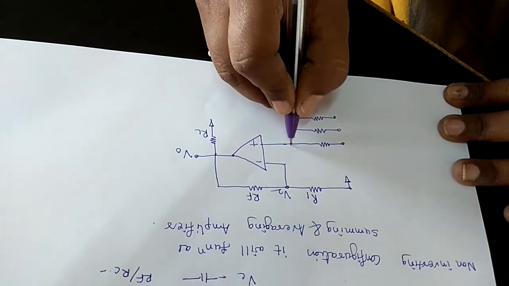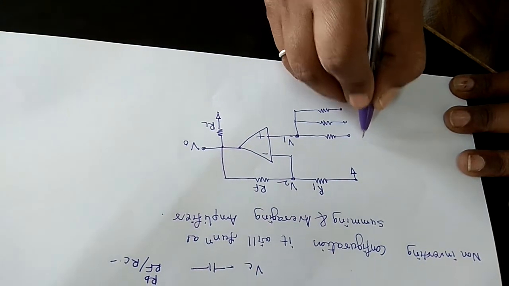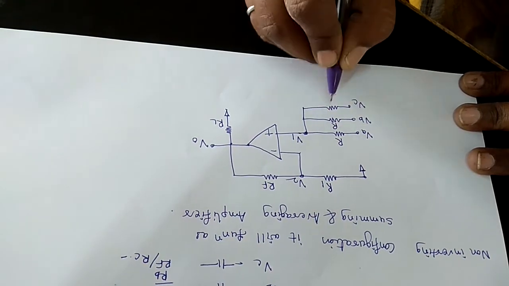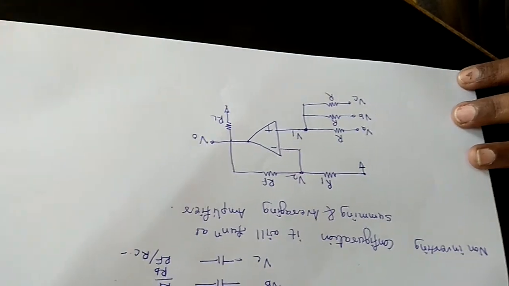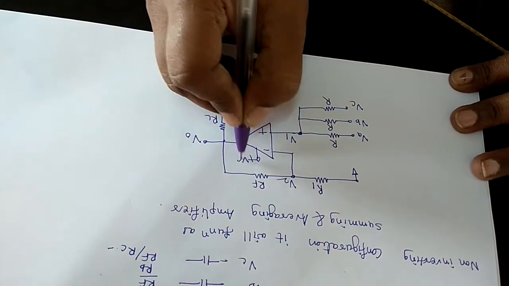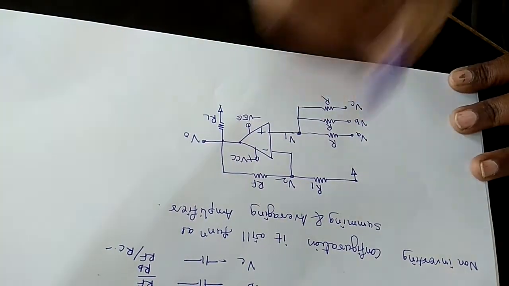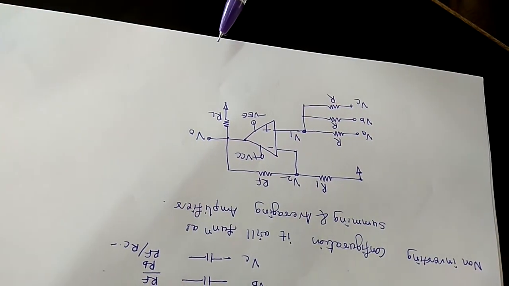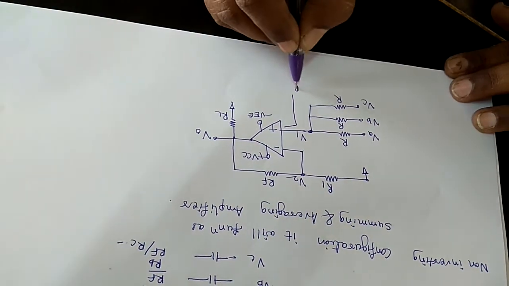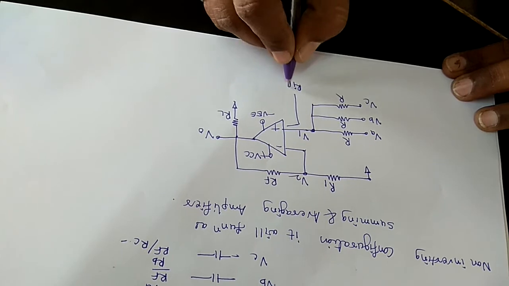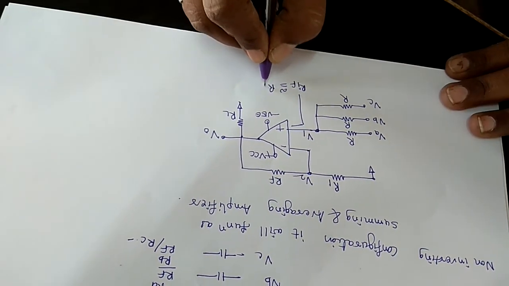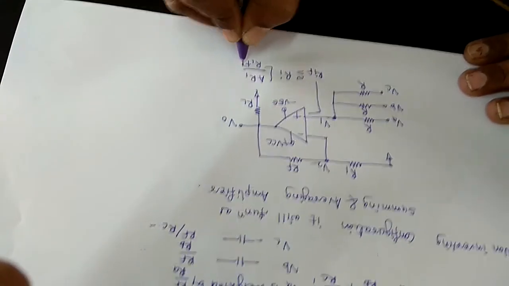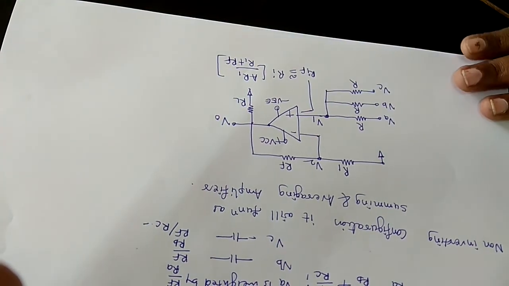Voltage at this point is V2. Voltage at this point is V1, VA, VB, VC. Put all resistors with the same value R, plus VCC, minus VEE. Here the input resistance with feedback is approximately equal to Ri times AR1 by R1 plus RF.